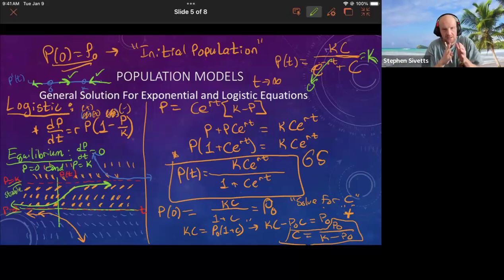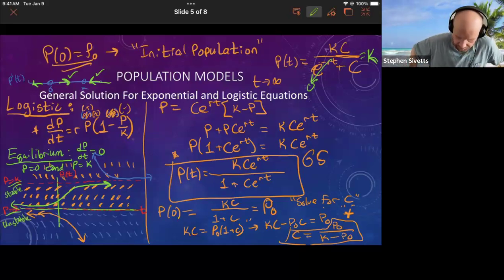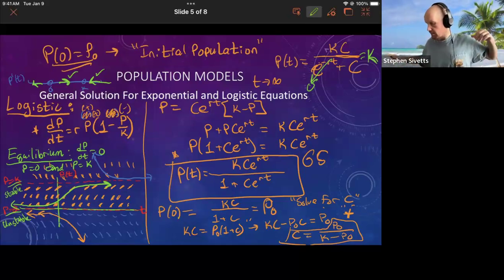And if at P equals 0 in this case, the solution curves are going away from equilibrium, right? As time increases, so it's unstable. Okay, so that's a little bit about the logistic differential equation.